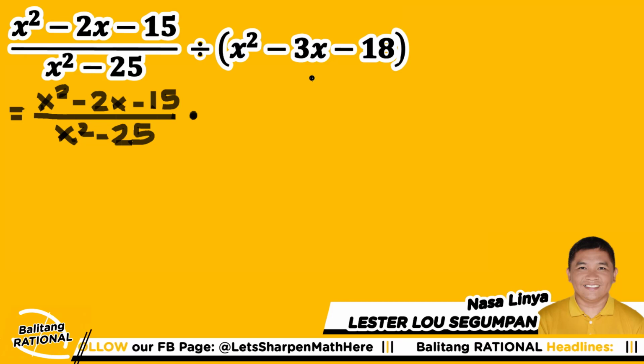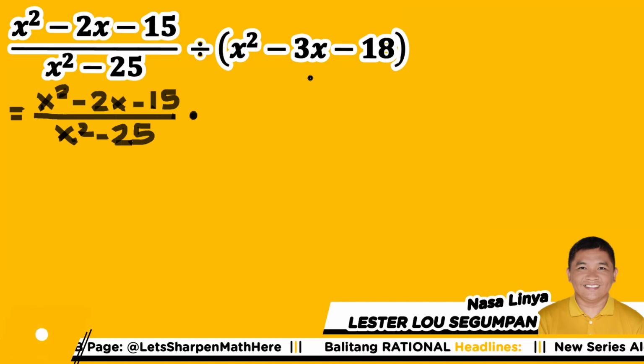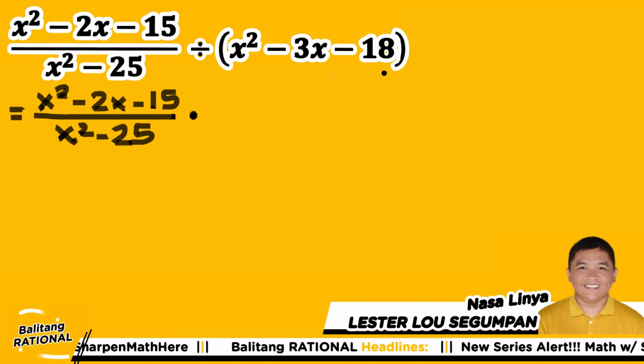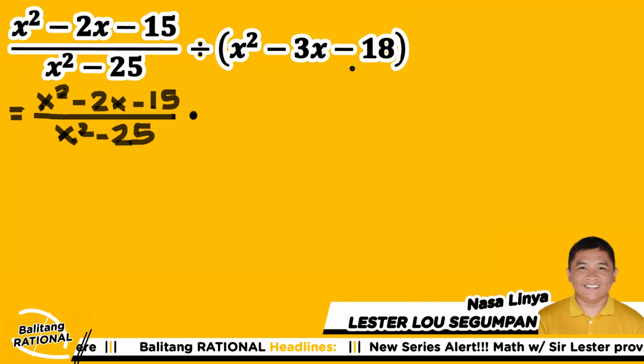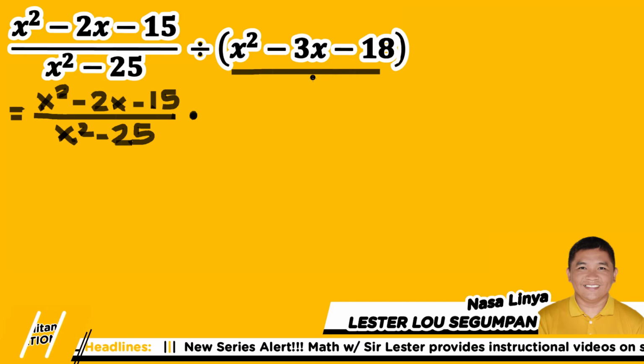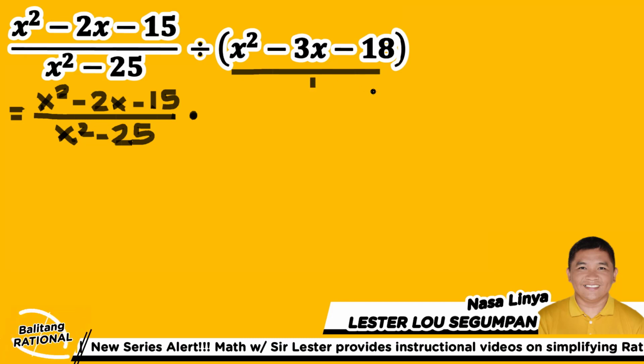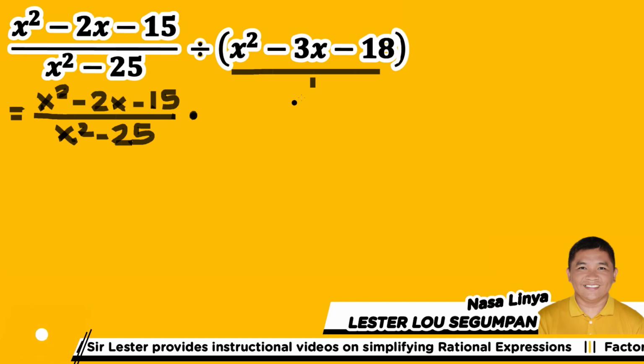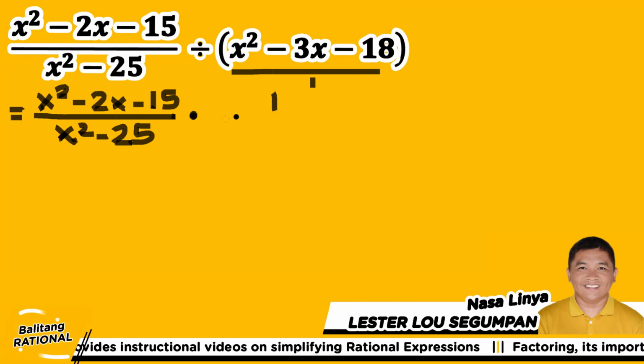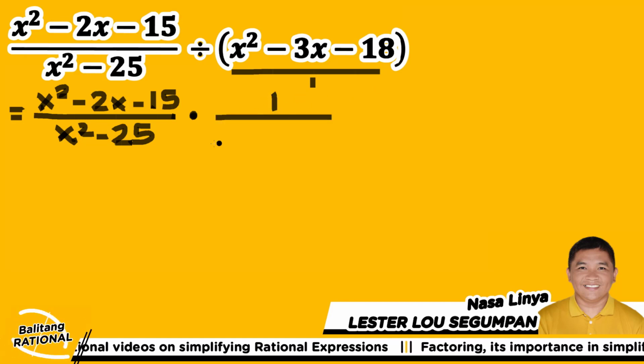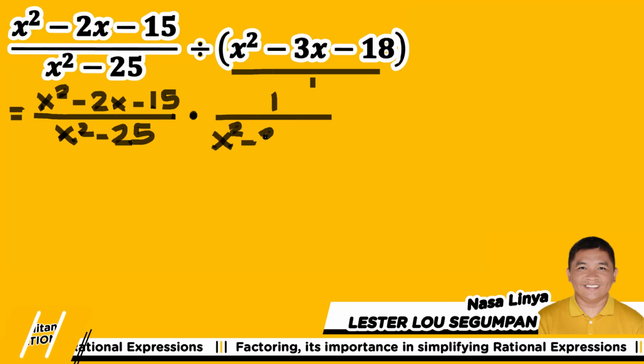But take note, bago natin i-reciprocate ito, this term or this entire expression is understandably meron po yung denominator na equal to 1. Okay? So, pag i-reciprocate natin or i-flip natin siya, yung 1 po is magiging numerator natin. And the entire expression will now become our denominator.